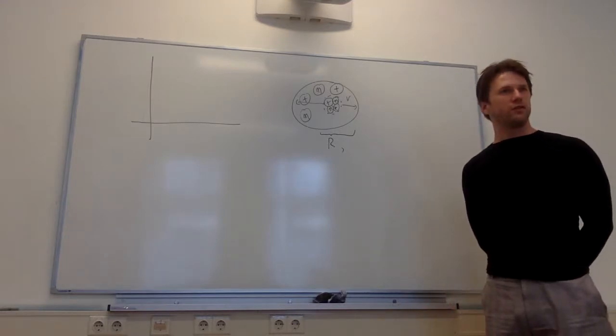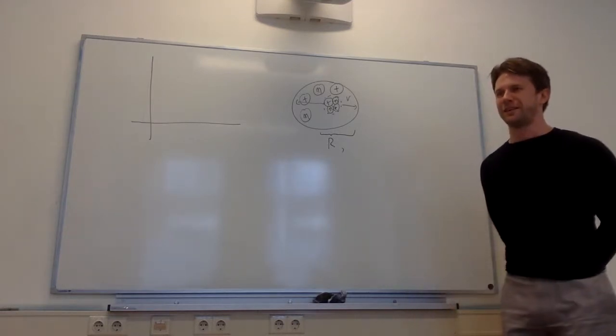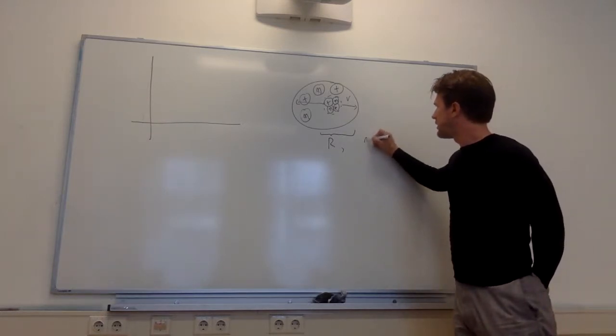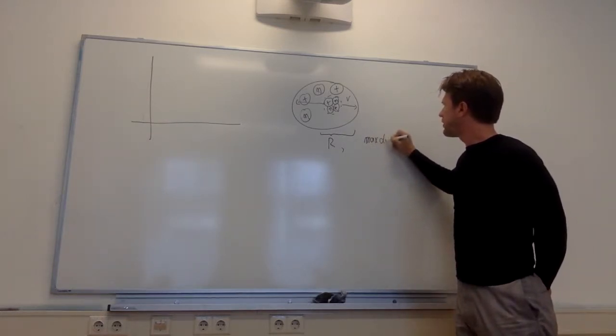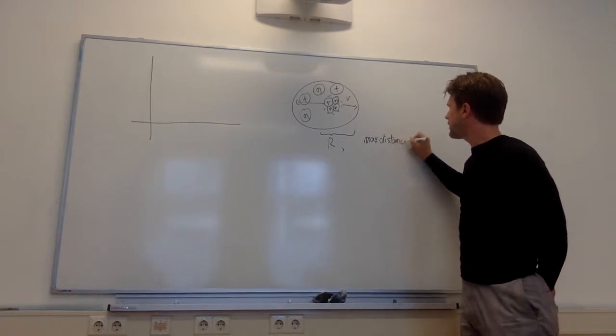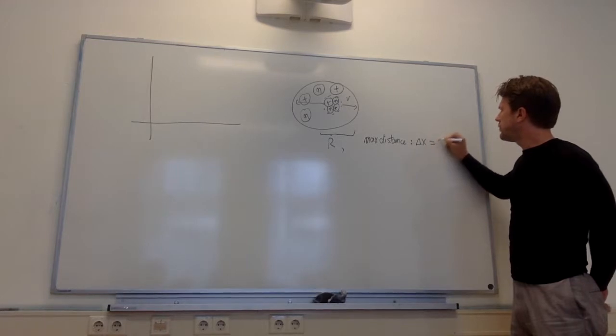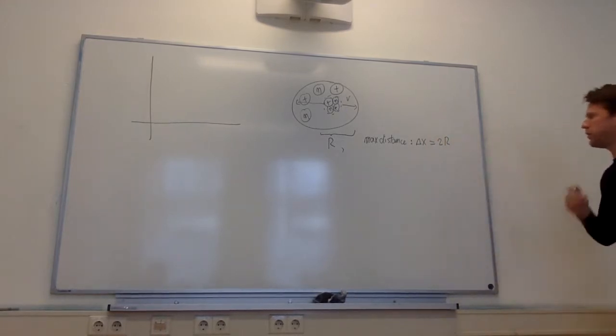It's a spherical nucleus, radius is r, 2r. Okay, so the maximum distance, again extremely classical this part, that it can travel, that's called delta x, is 2 times r, 2 times the radius of the nucleus.